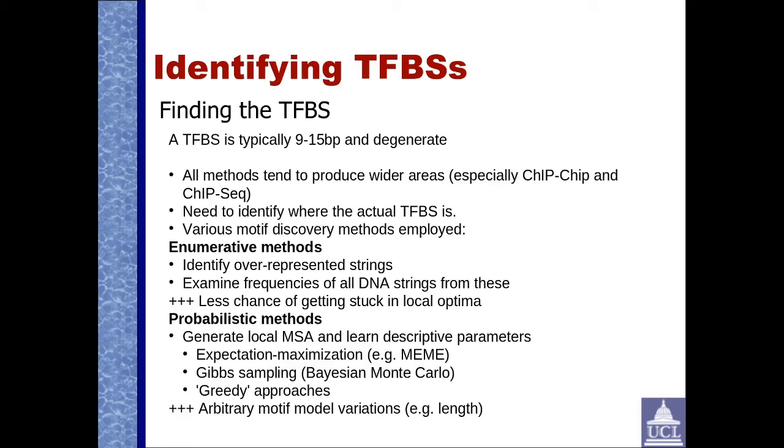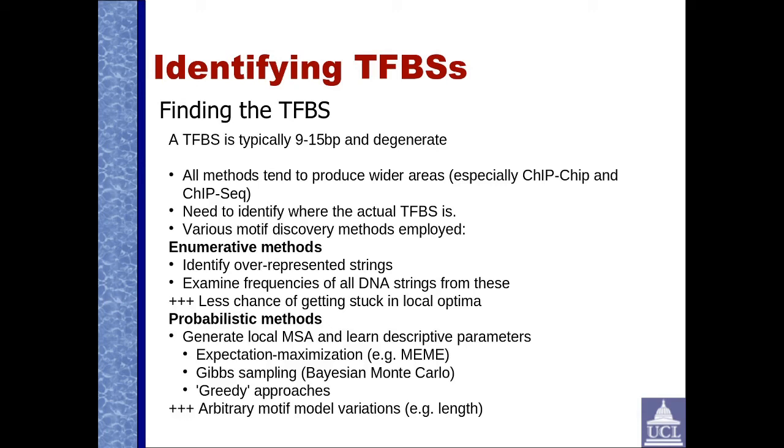There's some variation. And all the methods, with the possible exception of ChIP-exo, tend to produce wider areas, especially ChIP-chip and ChIP-seq. So we need to identify where the actual transcription factor binding site is within that predicted region.